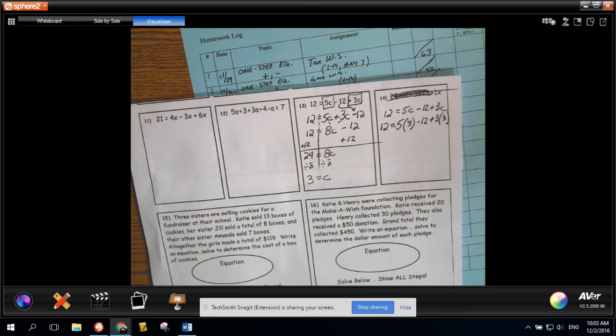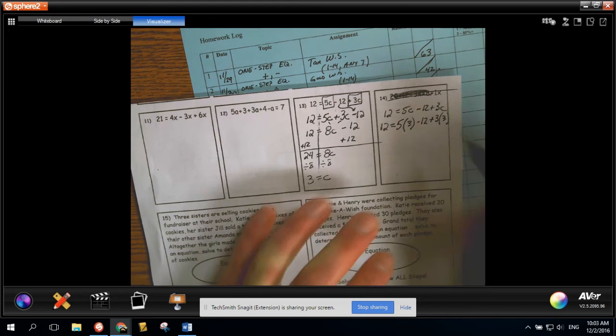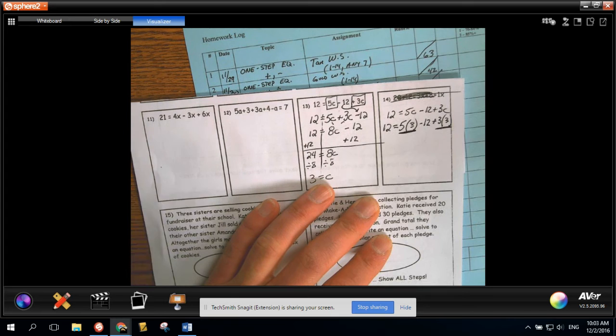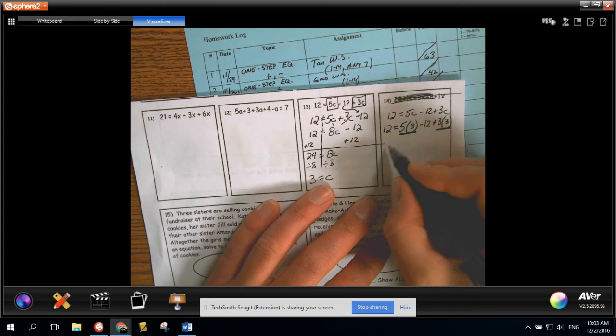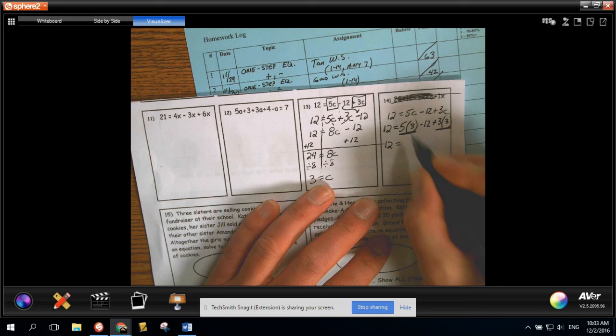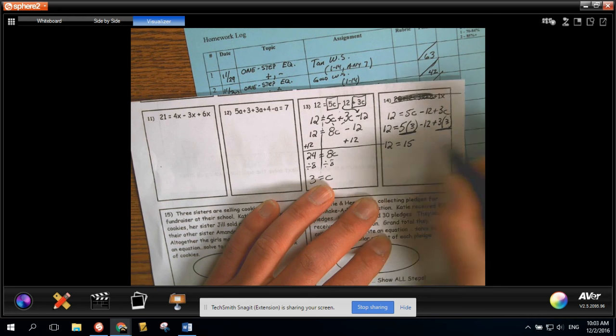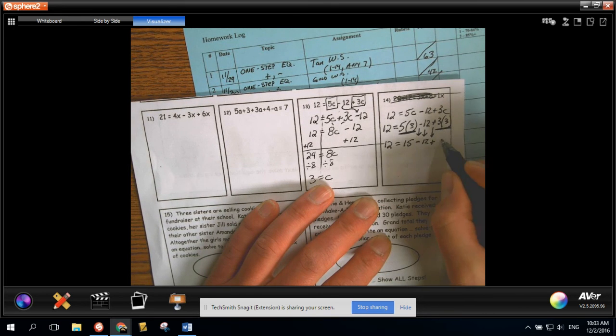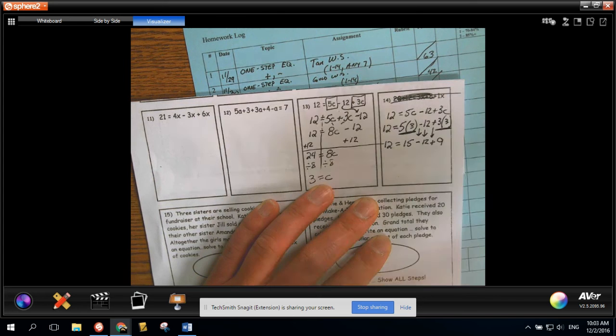So we're just going to follow my order of operations. I have some multiplication here, so I have to do this and that first. Okay, so 12 equals 5 times 3 is 15. Bringing down the minus, bringing down the 12, bringing down the plus, and then 3 times 3 is 9.